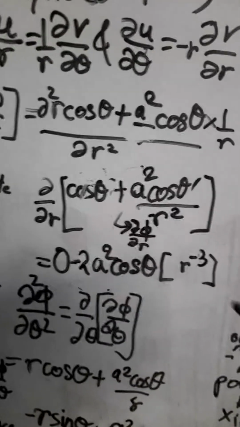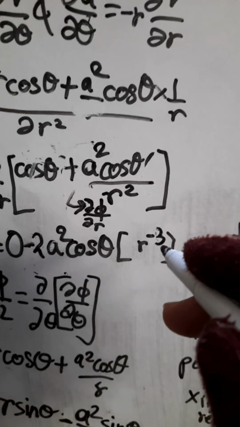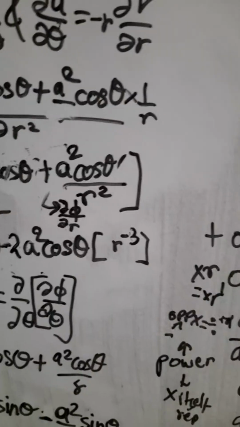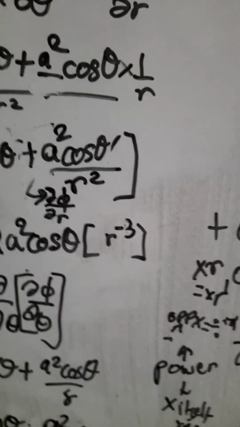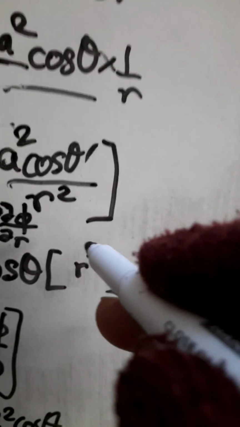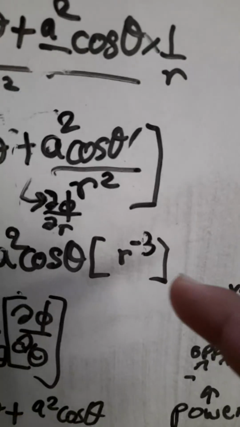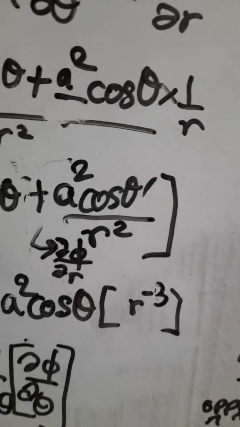This is r raised to minus 3, and r raised to a positive power means multiplying itself some number of times. But since this is a negative sign, we do the opposite. The opposite of multiplication is division, so this is divided by r three times.